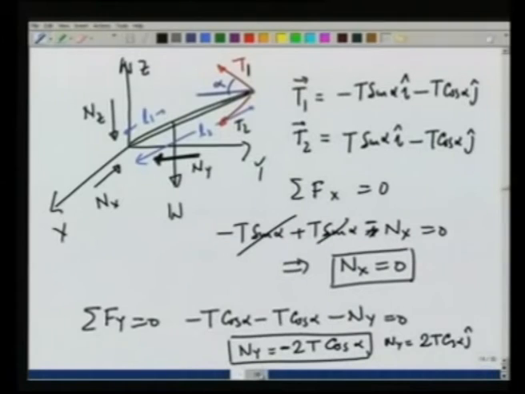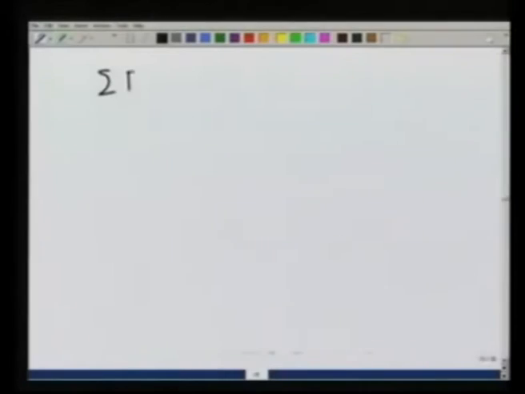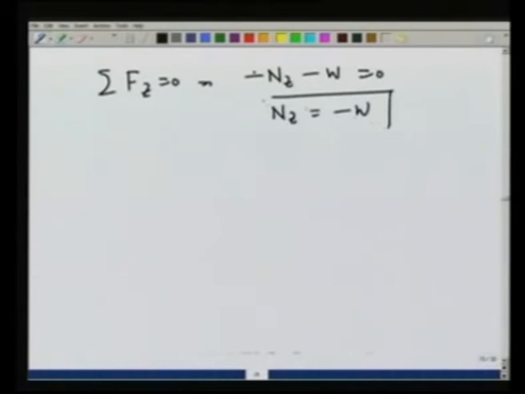The third condition, the summation Fz is equal to 0 gives minus Nz minus W is equal to 0, or Nz is equal to minus W, again showing that Nz is equal to W and in the direction opposite to what has been shown, and therefore, Nz is equal to W times k.